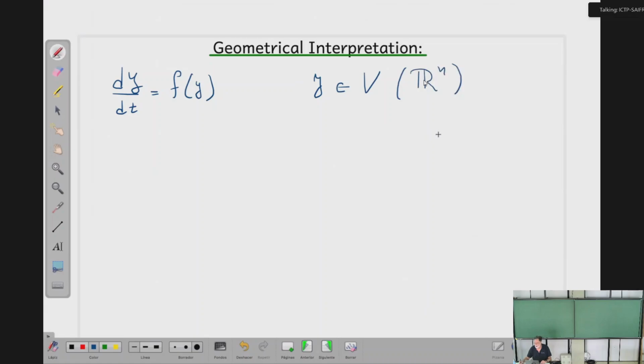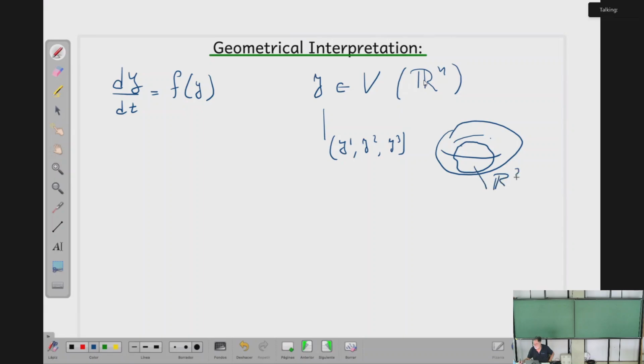And if we are in a manifold, say here, we can think of this as a set of coordinates. Say coordinates in this manifold, in some patch. So you take a piece of the manifold, you express this patch with coordinates, so this is like Rn, R3 in this case, and this equation lives on these coordinates.